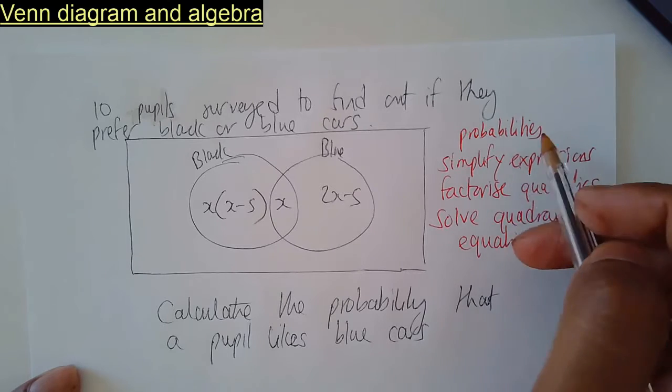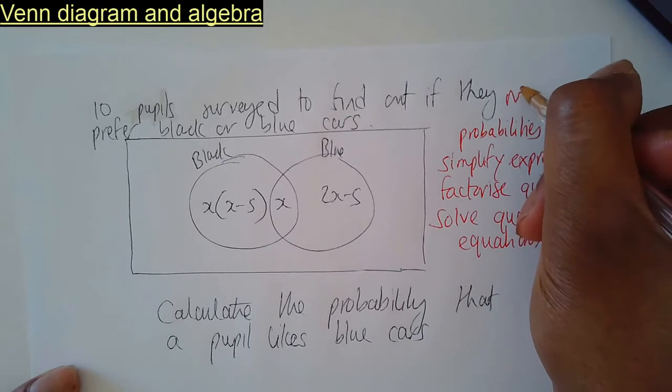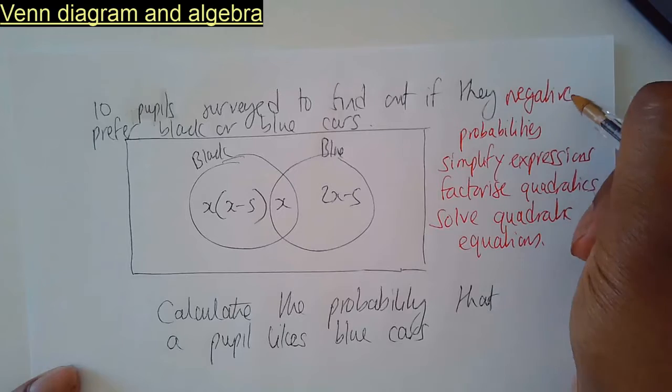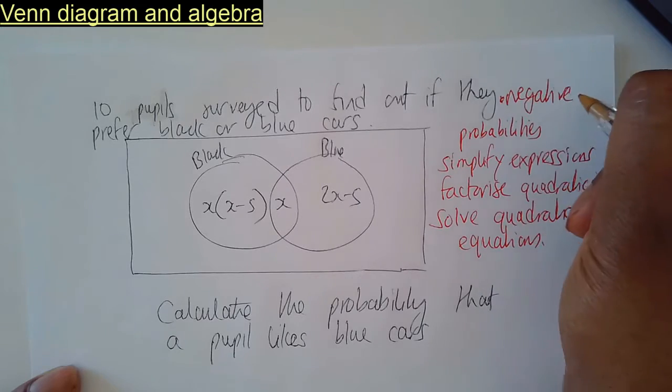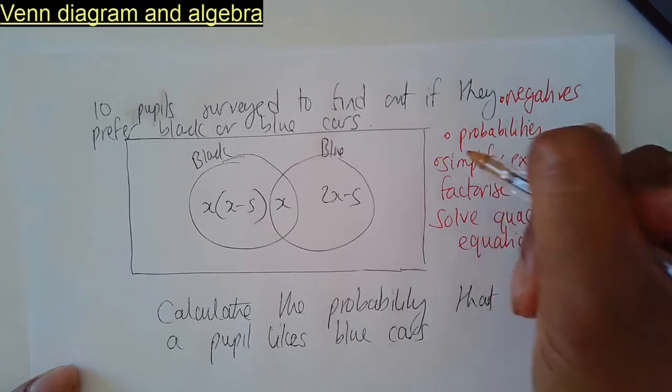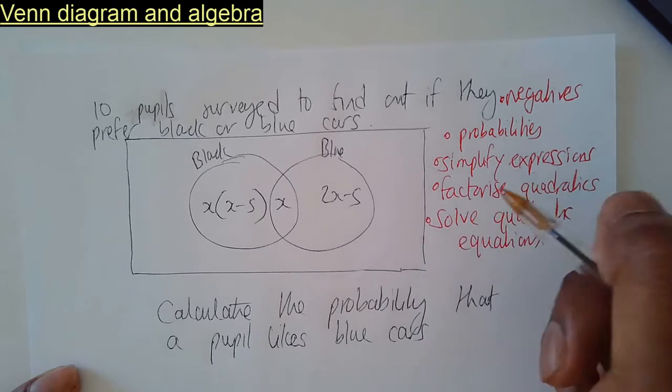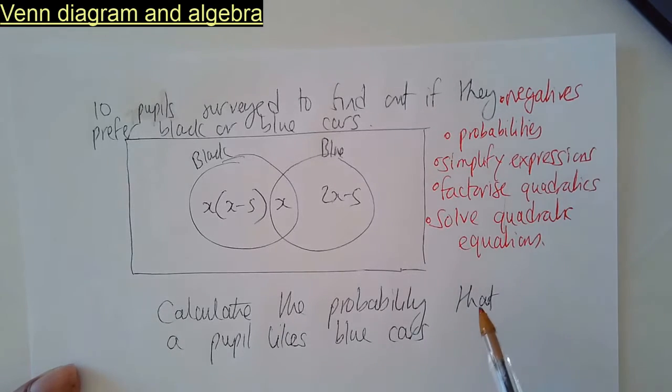But even more basic than that, you need to have some knowledge of negative numbers. There's quite a lot there, so if you don't know any of these things, then this will be a struggle, so you need to look back at these topics.